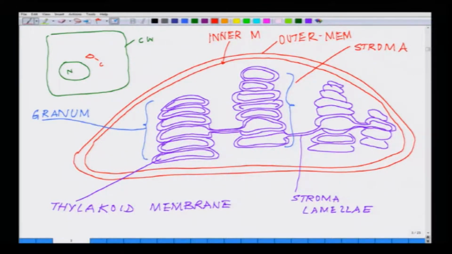Stroma is the blank space out there. Then you have the intermembranous space in between. In yellow, what I'm drawing now is the intermembranous space. And always there is one very interesting thing: in all this structure, there is a lot of intermembranous space between all these membranes. These are the intermembranous spaces.